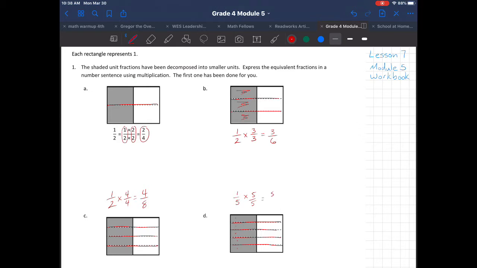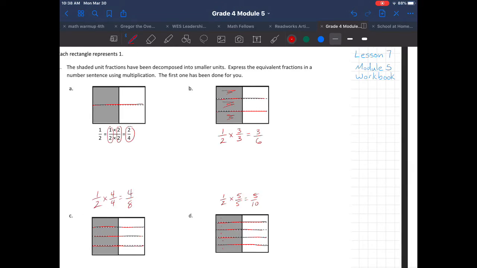And that is going to equal, hang on. One half times 5 times as many pieces. Also equivalent to a half.